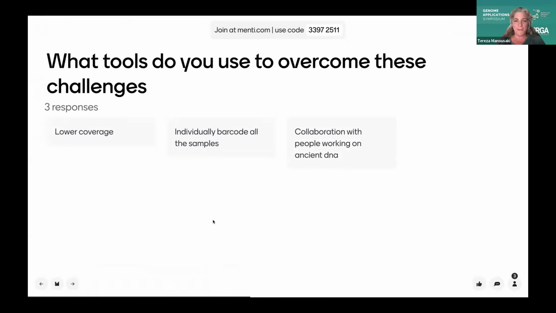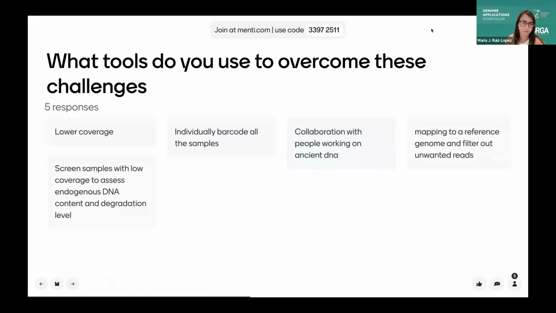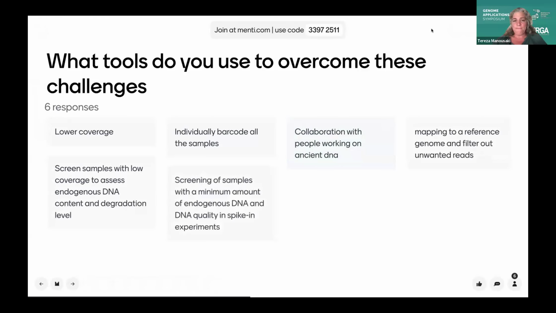Yeah, collaboration with people working on ancient DNA. Lower coverage because it has reduced biases. How would that work? Mapping to a reference. Yeah, mapping to a reference.